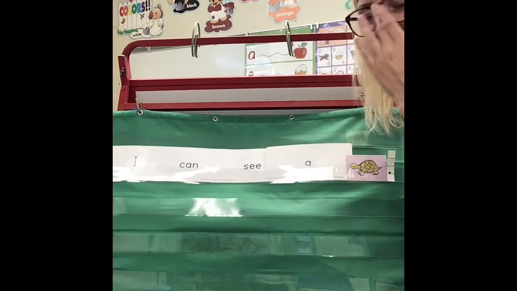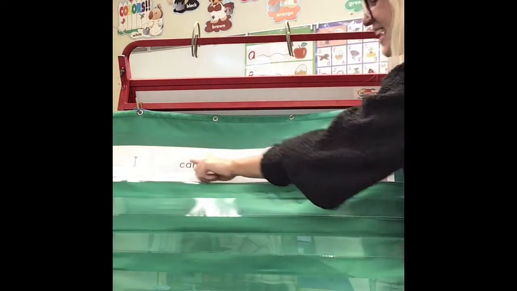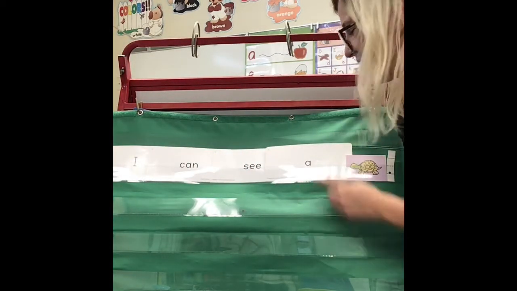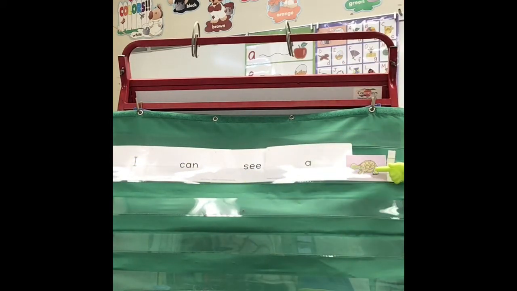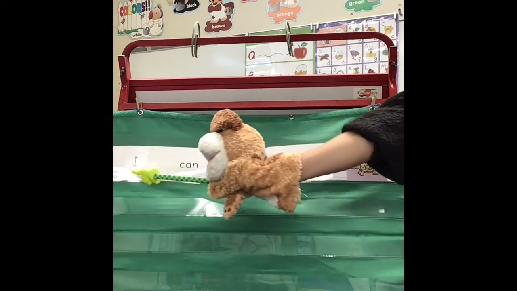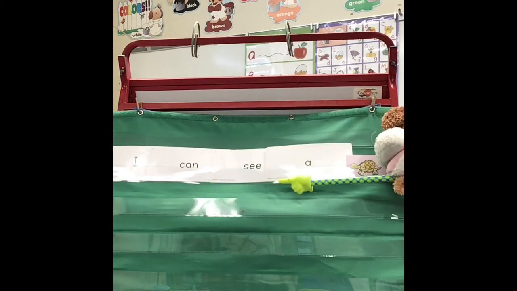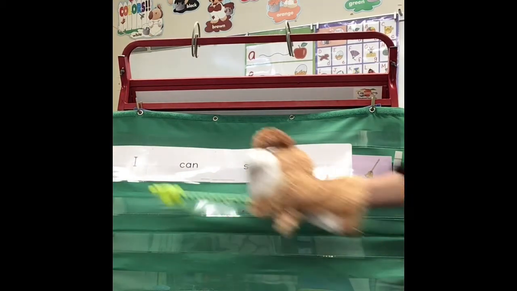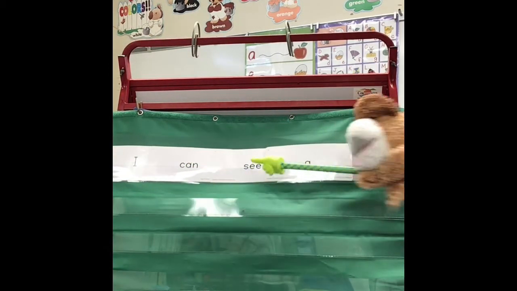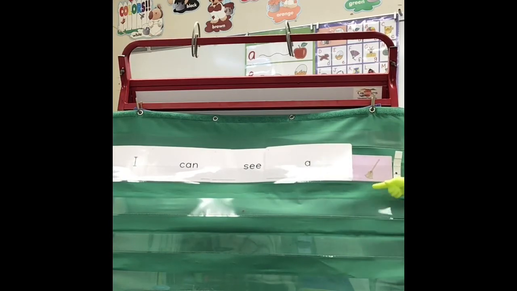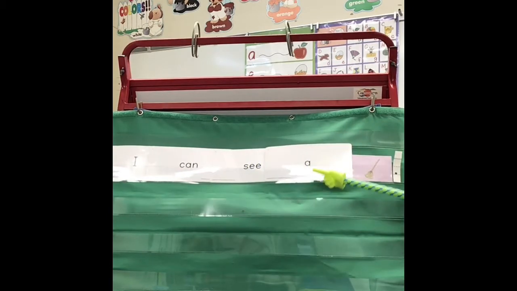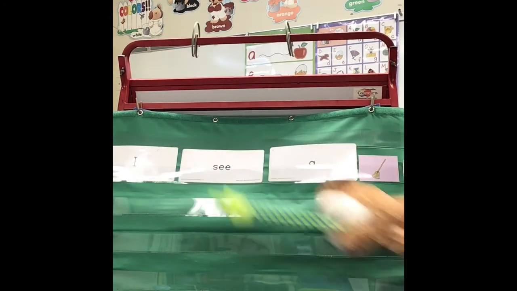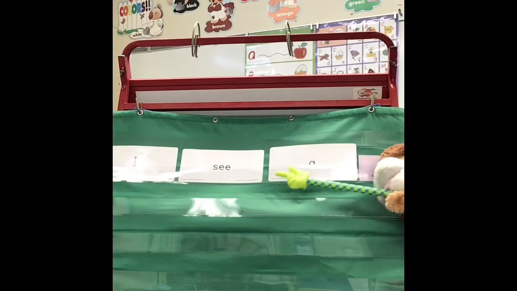Read some sentences that have words that we already know, like I can see, and our new word A in them. I can see a turtle. Read it with me. I can see a turtle. I can see a mop. Read it with me. I can see a mop. I see a mop. Read this one with me.